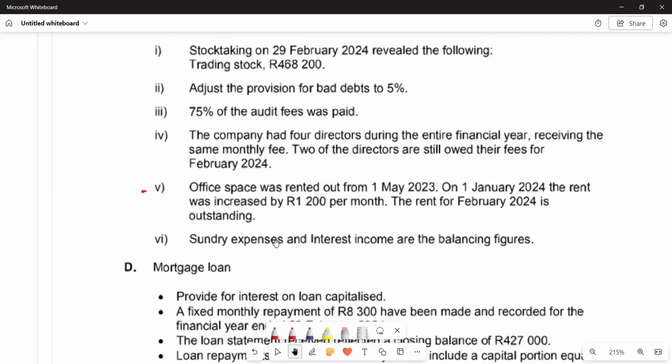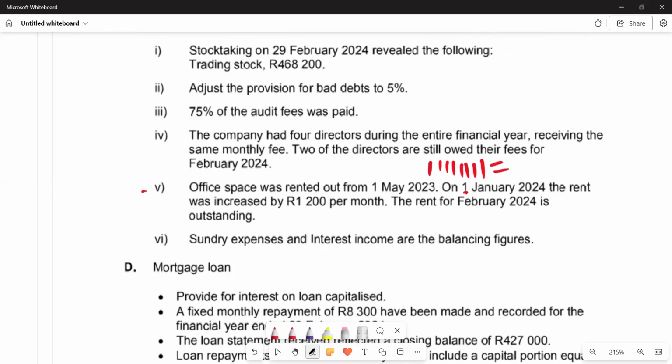So let's count the number of months before it was increased. Remember, it was increased on 1 January 2024. It was rented out from 1 May, which is the whole of May, June, July, August, September, October, November, December. January is when it's increased. So we've got 1, 2, 3, 4, 5, 6, 7, 8.